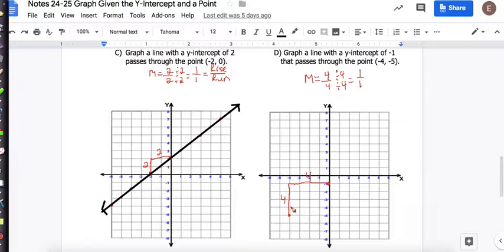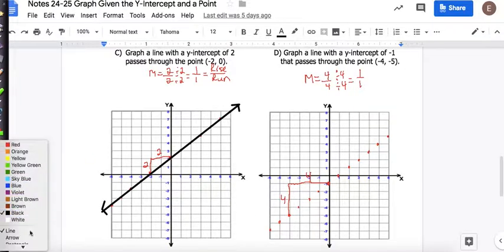So up 1 over 1, up 1 over 1, continuing up the graph. And then, of course, down 1 over -1 and down -1 over -1.